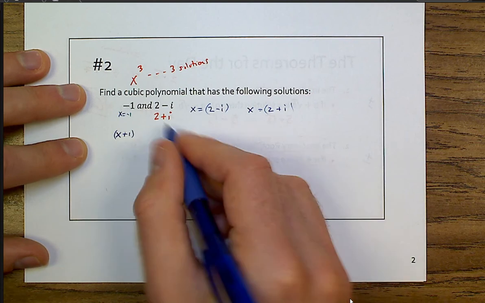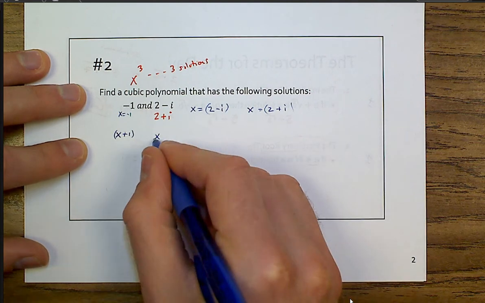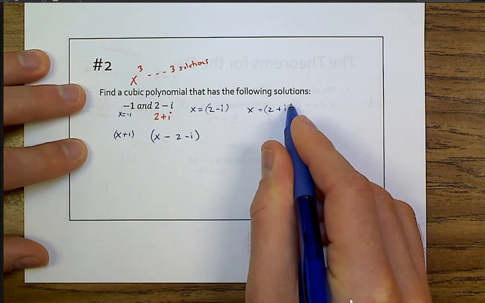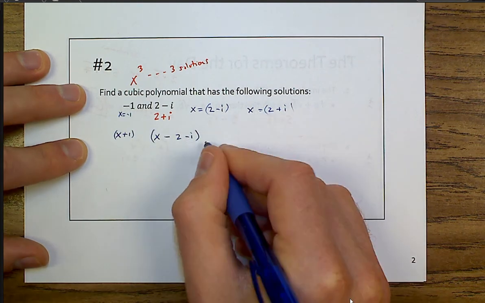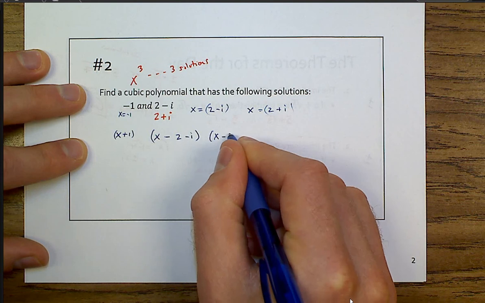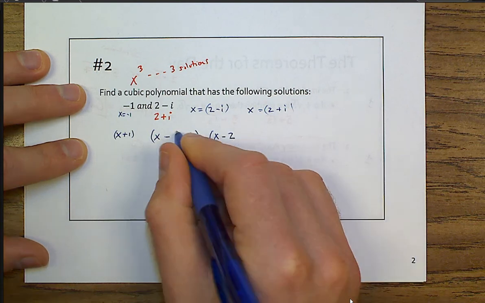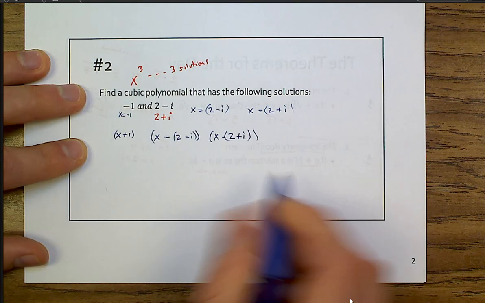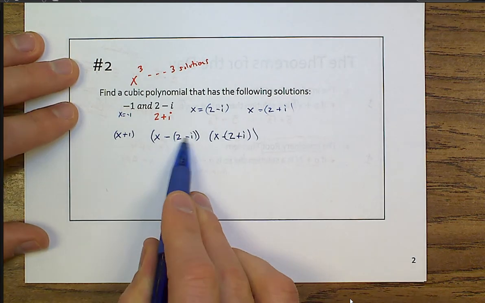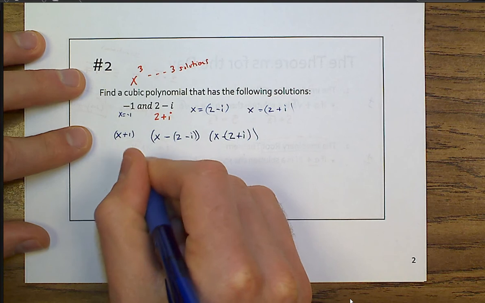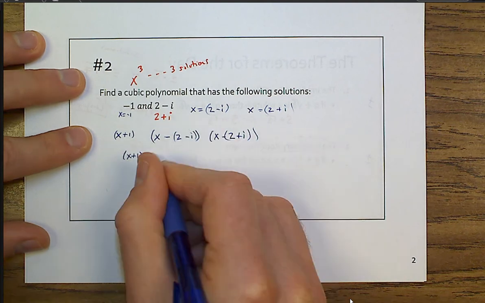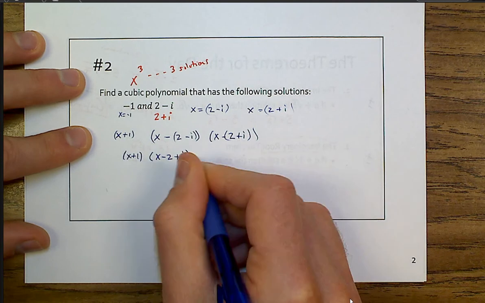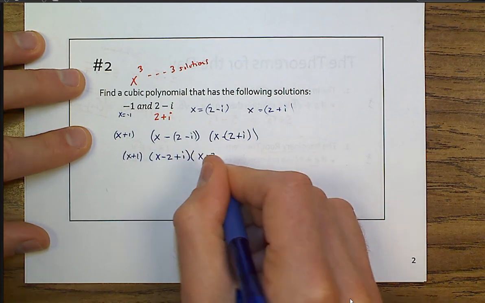So I have x minus 2 minus i, and I would subtract this whole quantity and have x minus 2 plus i. And what I need to do is run this minus sign through here. So I'm basically going to get this x plus 1, and then this becomes x minus 2 plus i, and this becomes x minus 2 minus i.